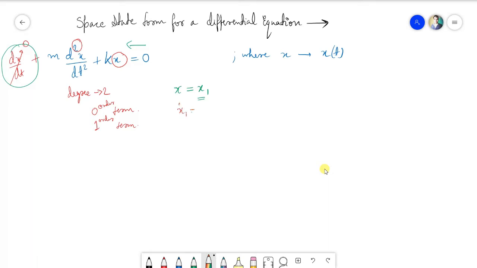This will be x1 dot, since it is the first derivative we will name this x2. So now both the variables are done. We gave this one for the zeroth order term, and this one for the first order term.